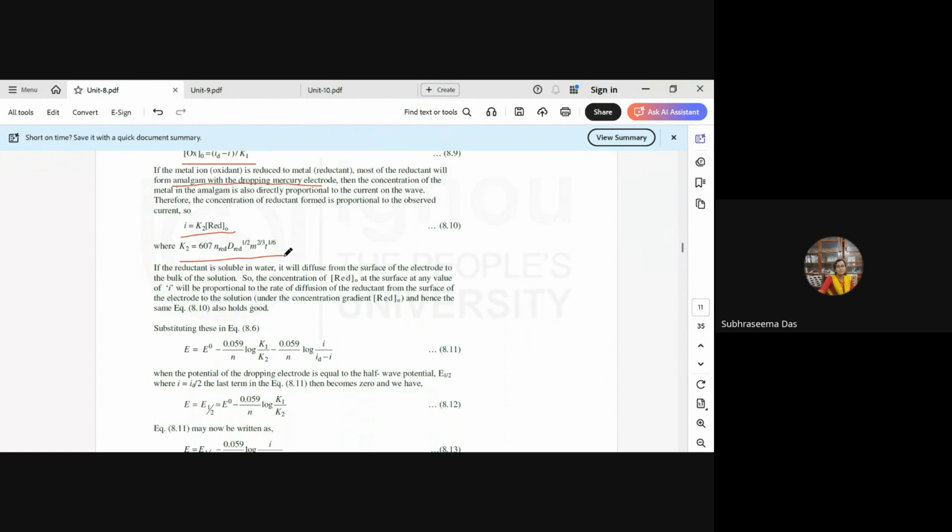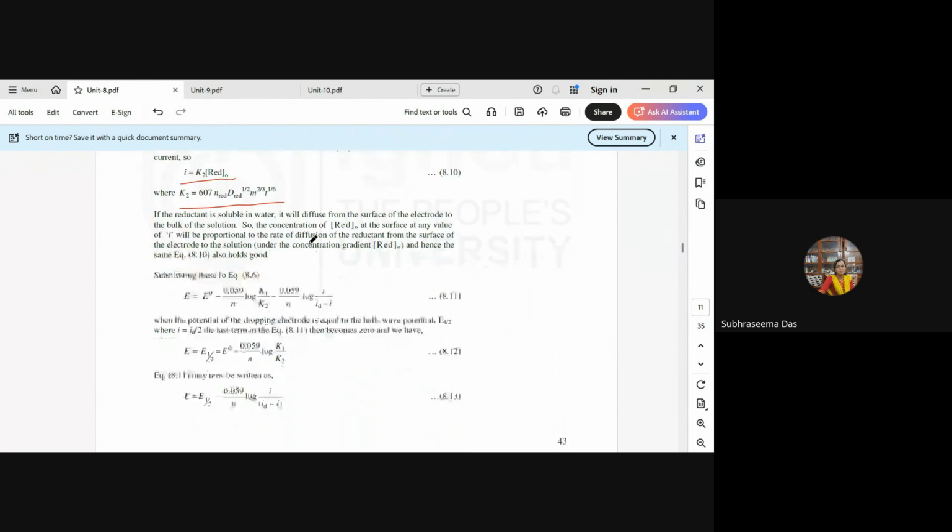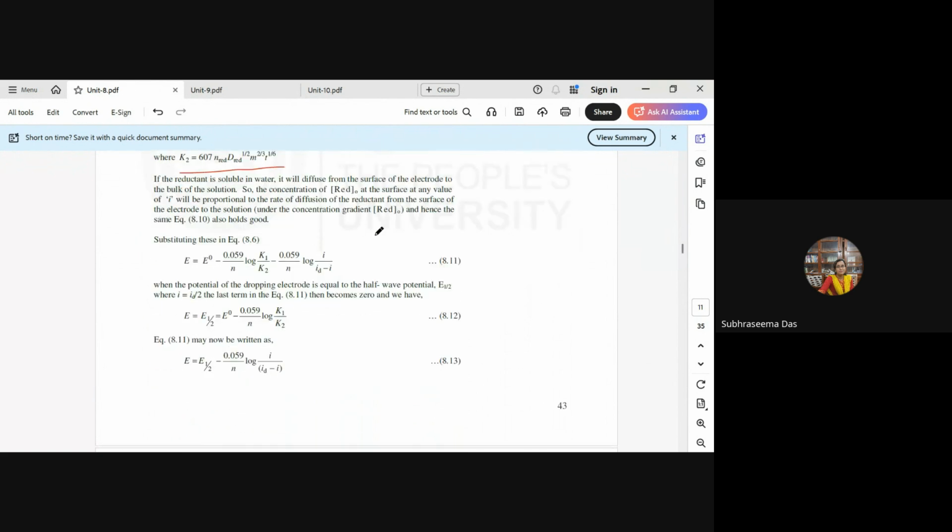If the reductant is soluble in water, it will diffuse from the surface of the electrode to the bulk of the solution. So the concentration of the reductant at the surface at any value of I will be proportional to the rate of diffusion of the reductant from the surface of the electrode. So the same equation also applies to the reductant.